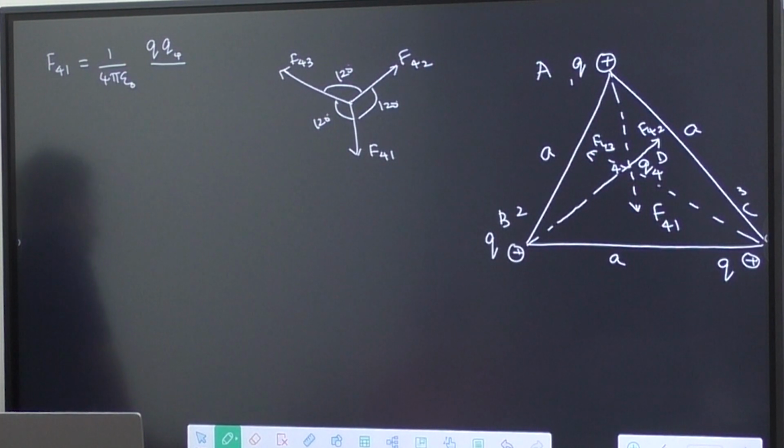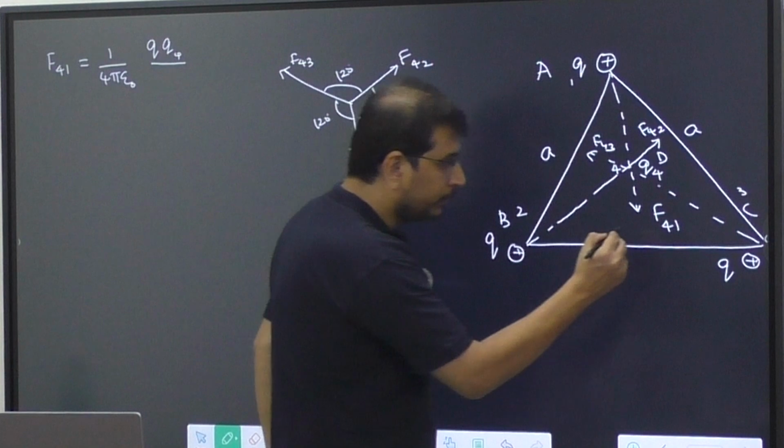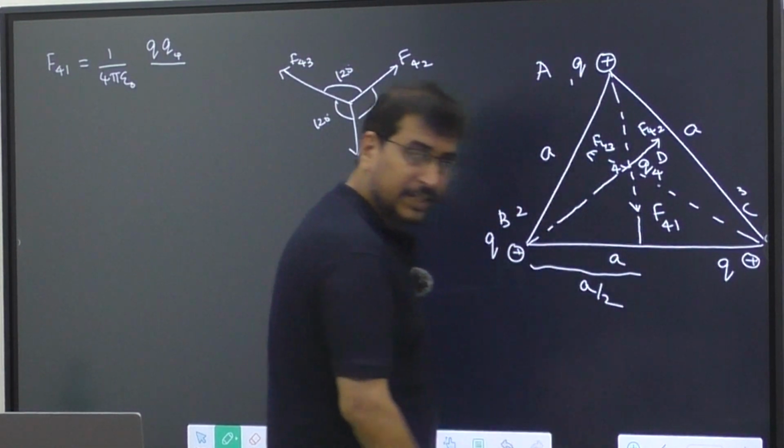You can use trigonometry. Simple. See, if I drop this perpendicular, how much is this distance? It is A by 2.